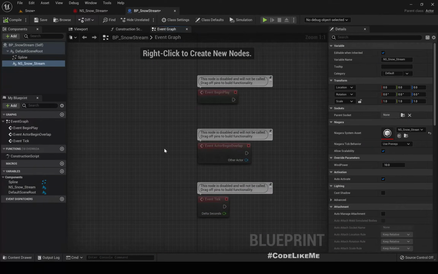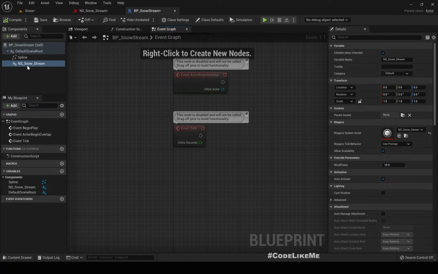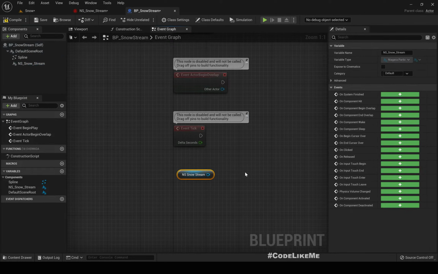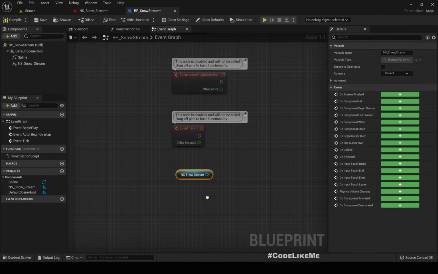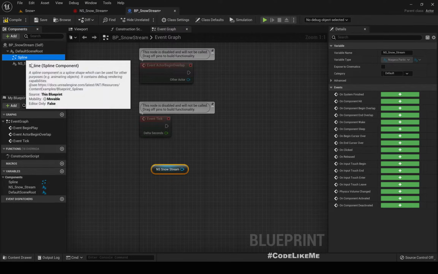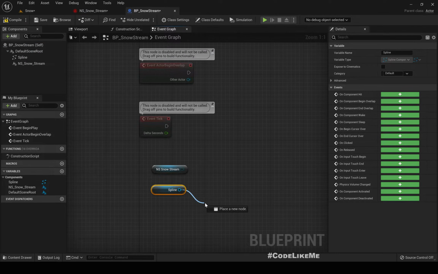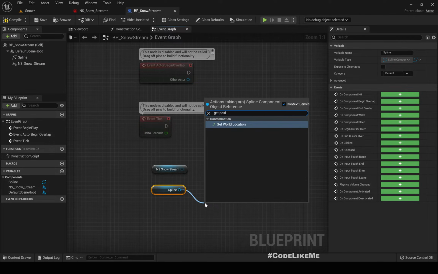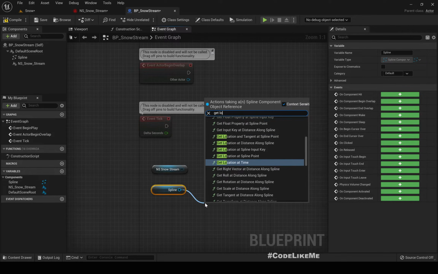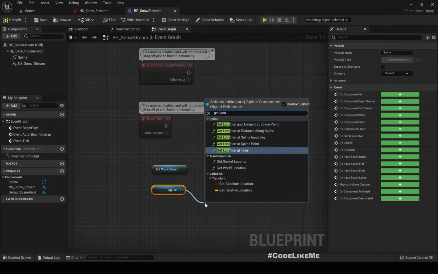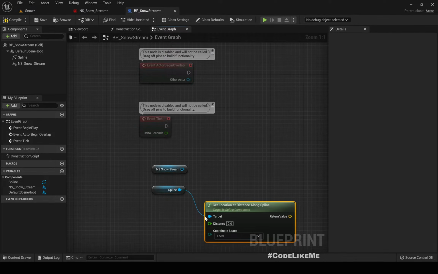Here. Get the snow stream and get the spline. Get location at distance along spline.